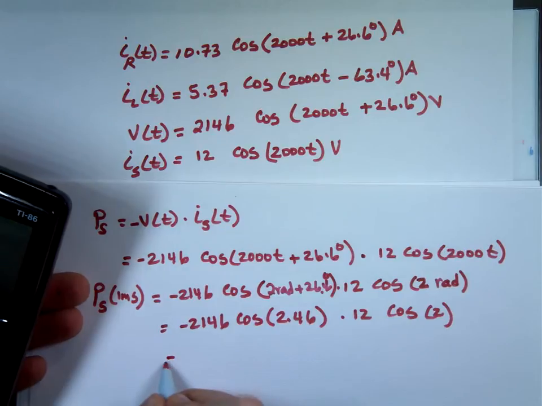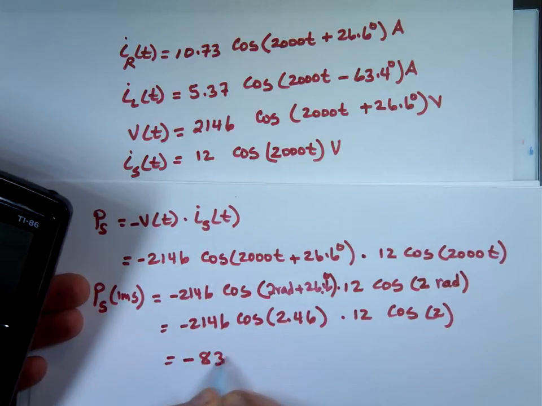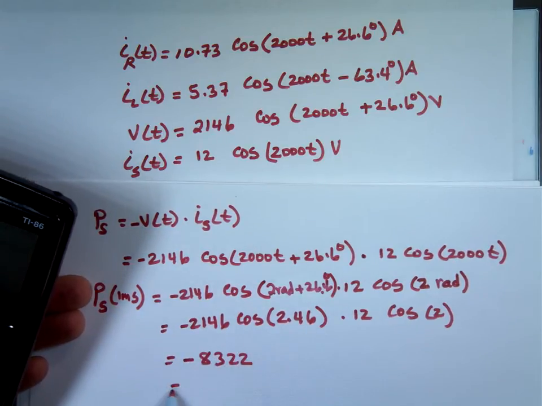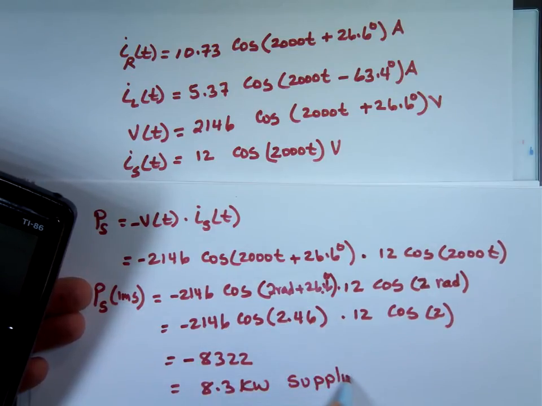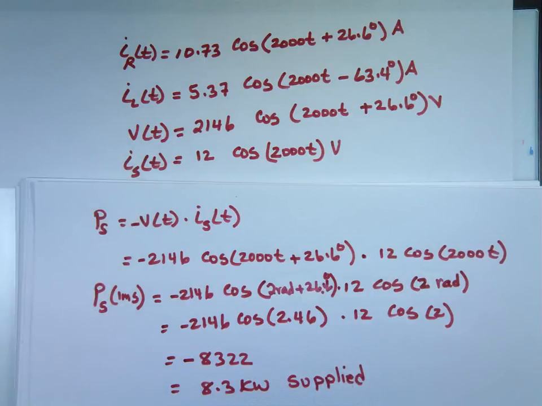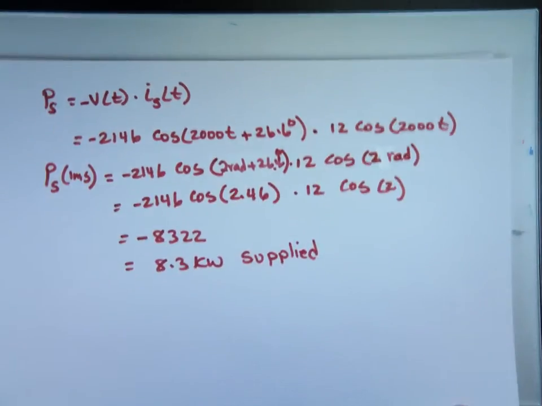That is negative 8322, which is 8.3 kilowatts supplied. Do we have that answer? Negative 8.35 kilowatts.